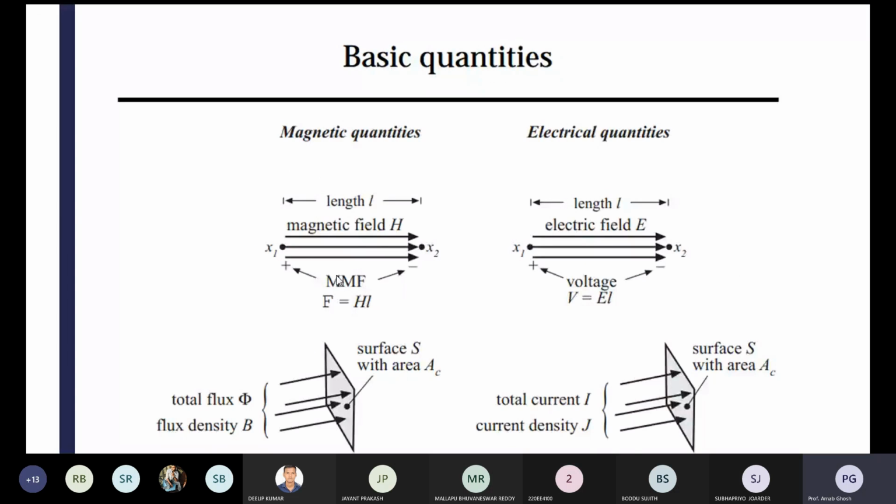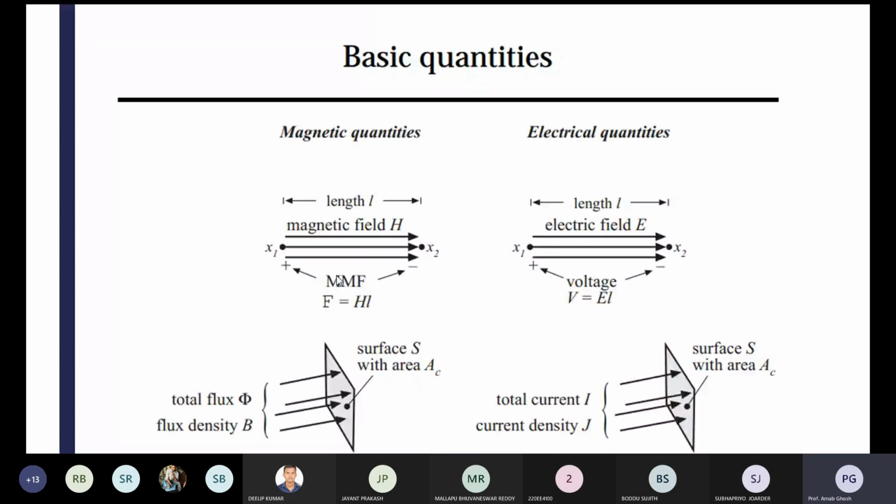In the magnetic circuit, MMF is proportional to the reluctance and your flux, reluctance into flux. If the reluctance is high, then definitely the countering of the field will be high, so the flow of the flux lines is also countered.